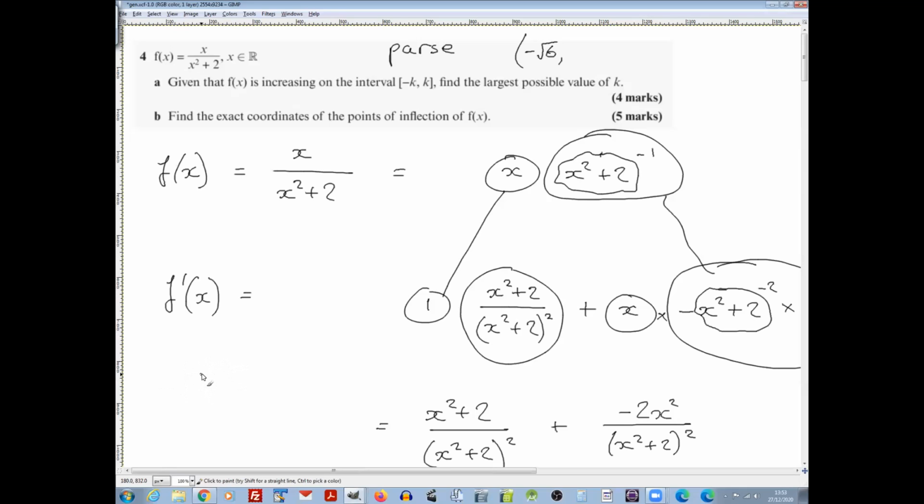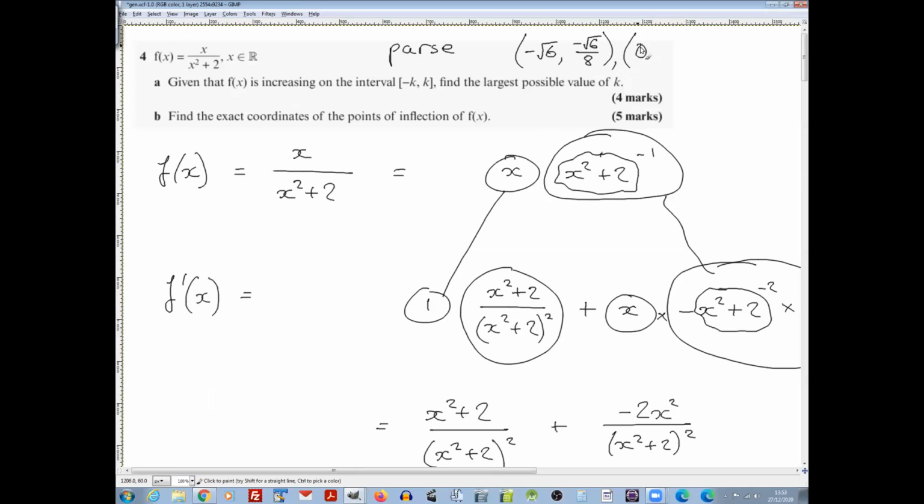It means minus root 6, all squared, which is 6. So on the bottom we've got 8. So we've got minus root 6 on top, which is root 2, root 3. I'm just seeing whether we can get any better, and we can't. So it's minus root 6 over 8 as our y value.